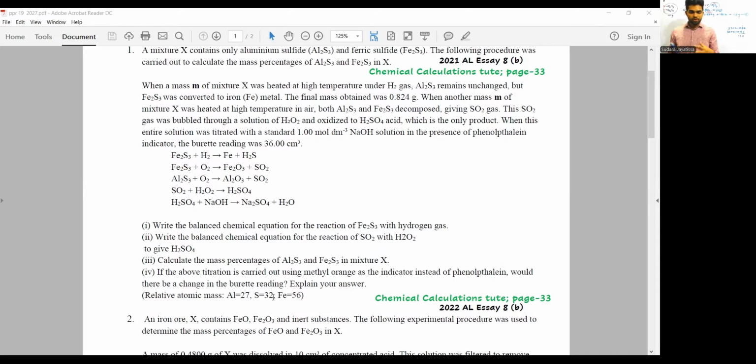In atmospheric air, the only possible gas that can be reacting here is oxygen, because nitrogen is normally considered to be an inert gas. So the reactive gas here is oxygen. You can see that is true, because sulfur is ultimately converted to SO2, which means sulfur has combined with oxygen.